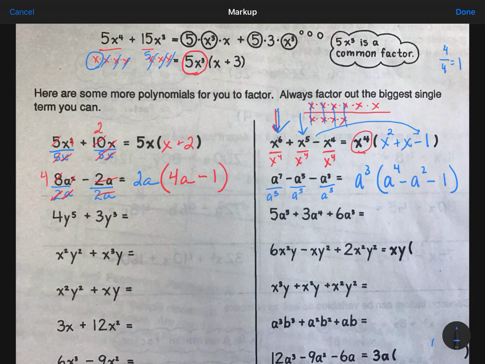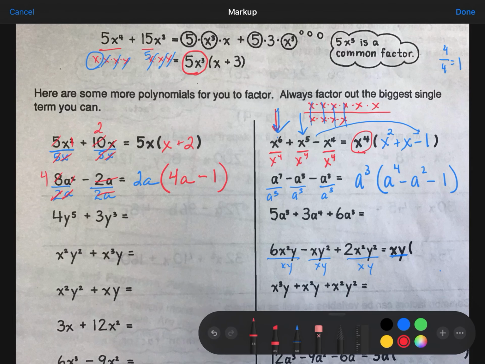Let's come down to this one because this could maybe throw you a little bit. This one right here. Well, they told you that they're taking out xy. Okay, so you're going to want to be real careful when you divide each one of these by xy. Pay attention to what is left when you cancel those all out.